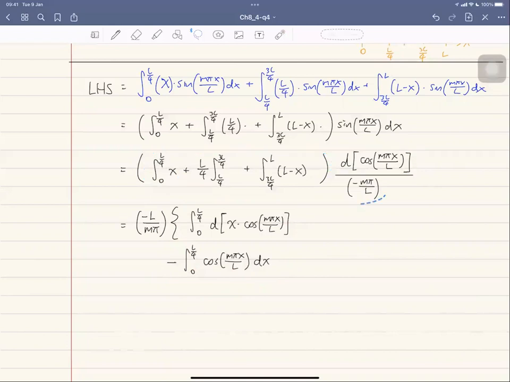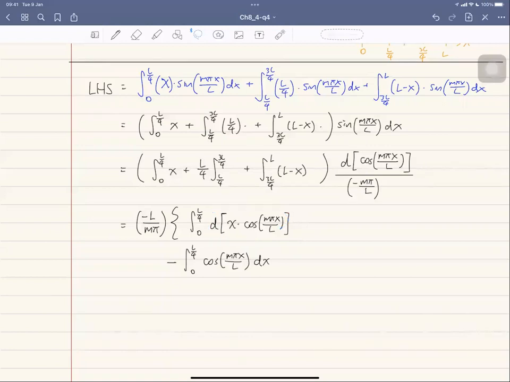Let's think about it one more time. First of all, I take care of the overall factor. It's pulled out over here with a huge bracket that's going to enclose everything at the end, so we're not going to worry about that. Now I need to take care of this piece, which has an x and x times d cosine something. It's the same as differentiating the whole thing, but I need to break it into a product rule.